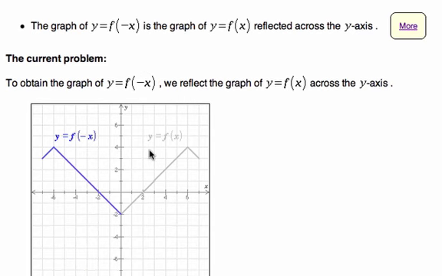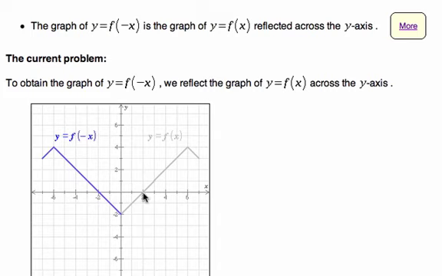Okay, so you can see here in this example, this was the original graph, okay, and they asked you to obtain the graph of y equals f of the opposite of x, right? So you can see here at 0, -2, if you change the input, you can't really take the opposite of 0, so it stays the same at 0, -2.